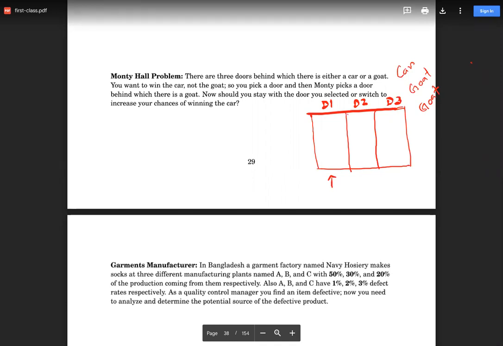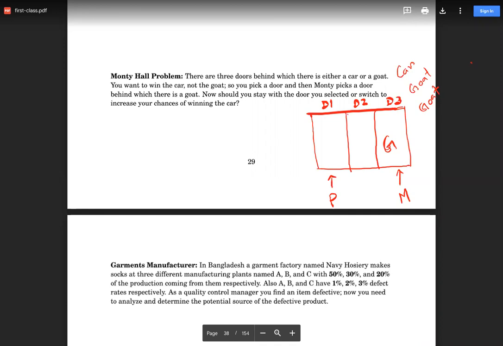Let's say he picks door number 3. So as the player, you pick door 1, and Monty Hall picks door number 3, which has a goat for sure. If you pick door 1, Monty Hall is going to pick one of the other 2 doors that for sure has a goat.